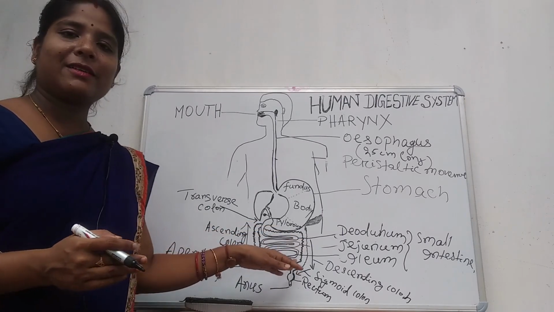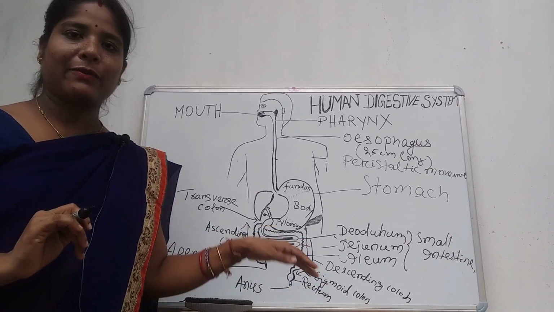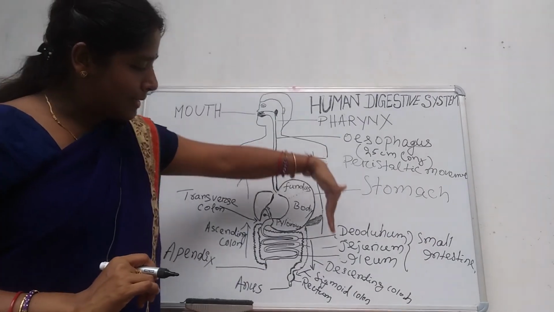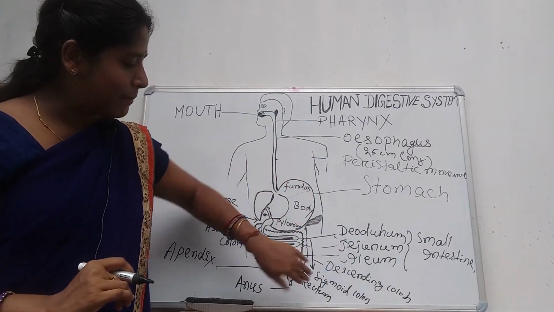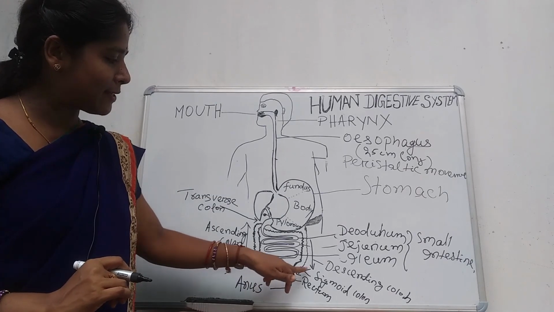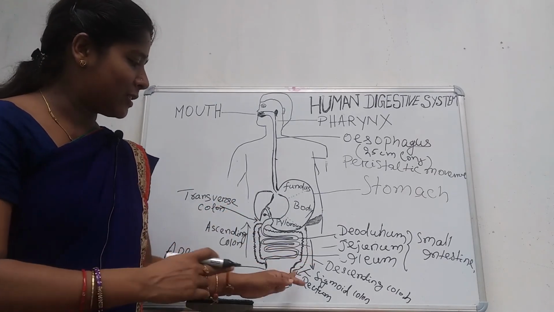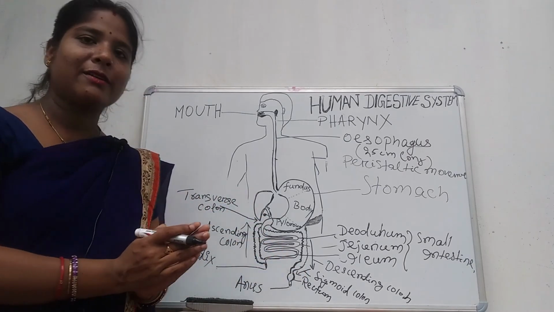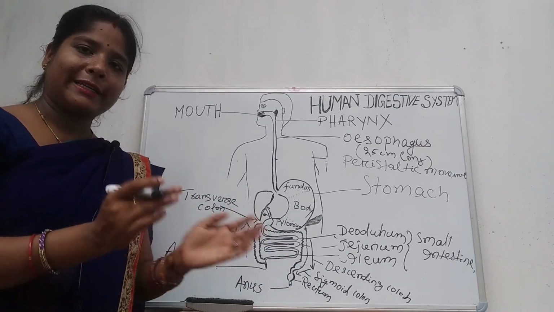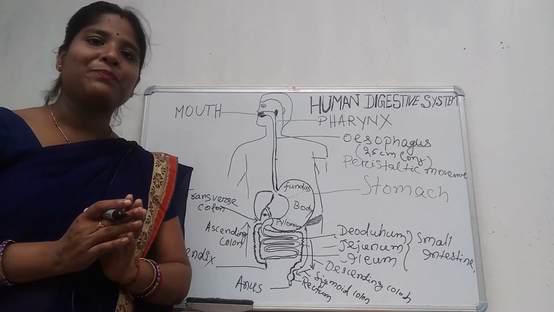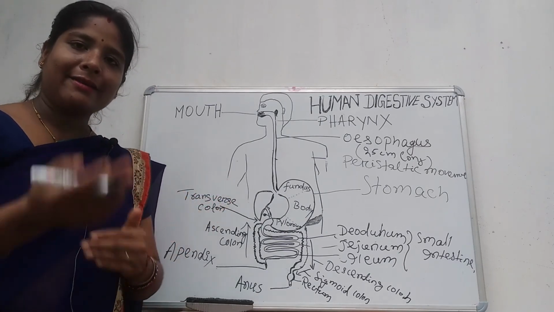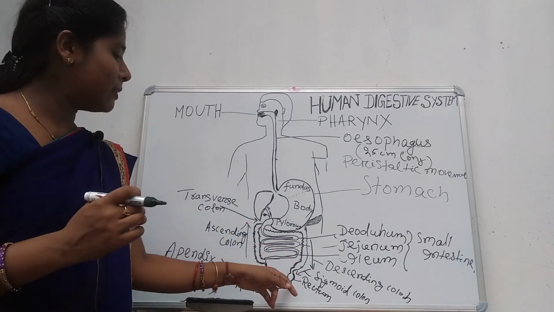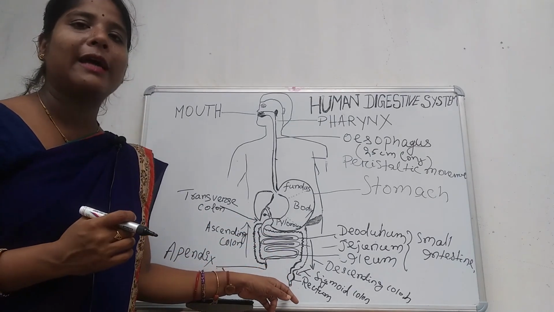The large intestine is divided into 4 parts: the ascending part, transverse part, descending part and sigmoid part. The sigmoid has an S-shaped structure, and then the pouch-like structure called the rectum stores the undigested or residual food, which is expelled from our body through the last part, called the anus.